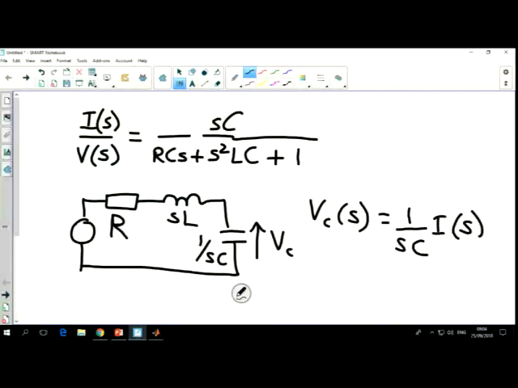So you can easily get a transfer function for VC over V, if you wanted to know how the voltage across the capacitor changed, by just multiplying by 1 over SC. Because that was current, and to get from current to voltage, you multiply by 1 over SC. Does that make sense? So then these cancel out and you do just end up with 1 on the top line. Okay, does that make sense?